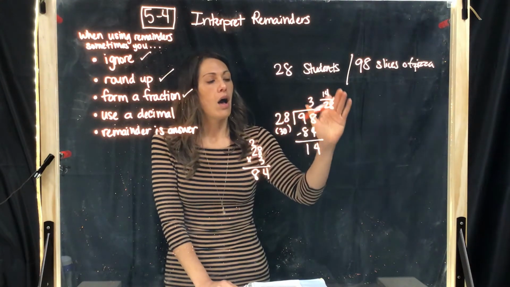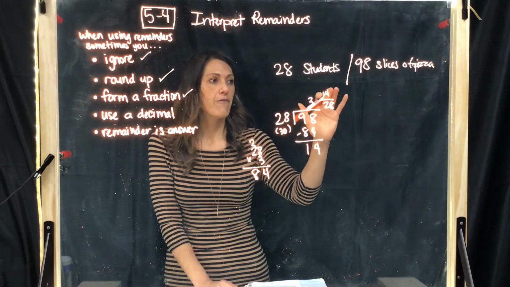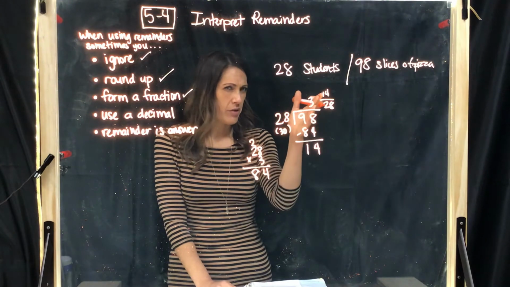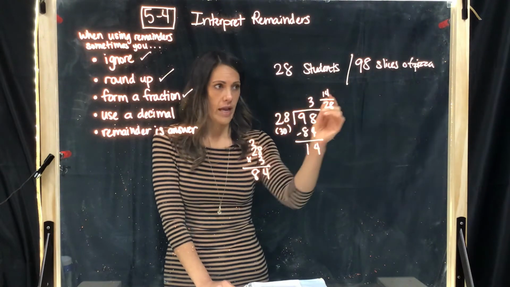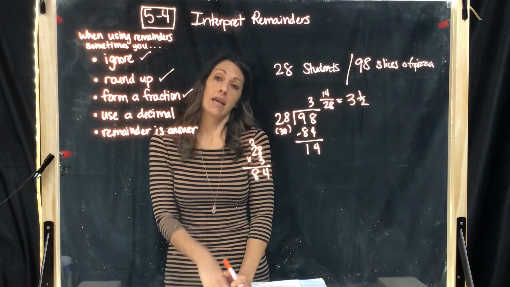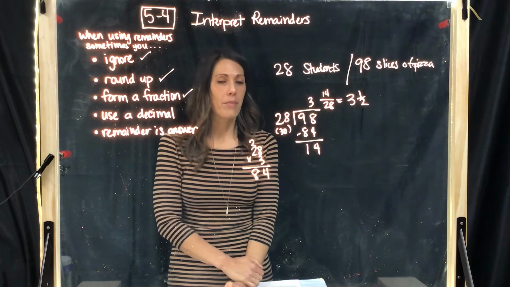So from here, each student is going to get 3 and 14/28 slice of a pizza. And as I'm looking at that, I know that 14 doubled is 28, so this is just 3.5. So everybody's gonna get 3.5 pieces of pizza. So I had to form a fraction with my remainder this time.